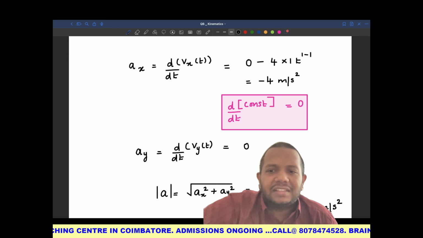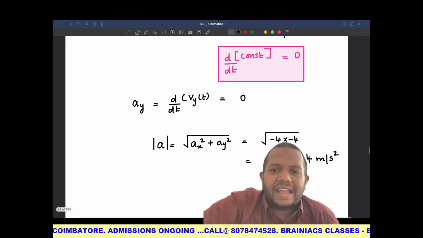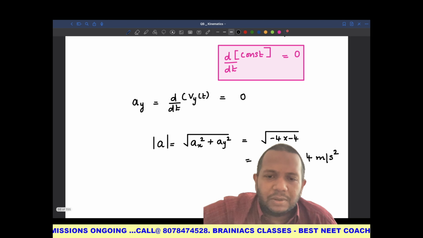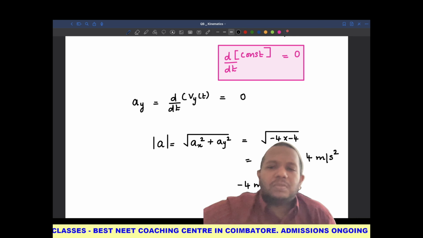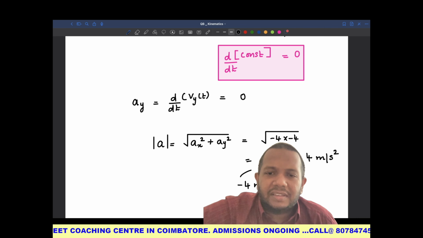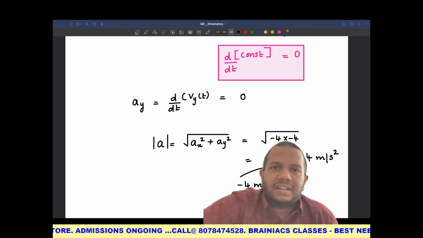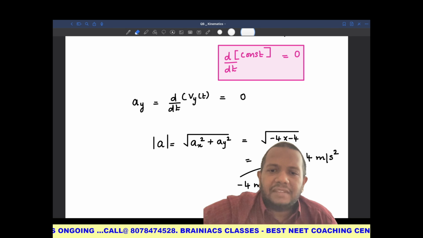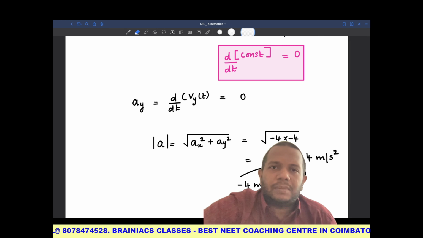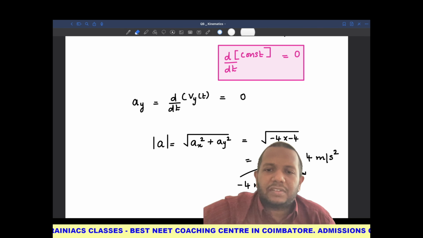So we need to consider this minus also, considering the direction. So in the options, minus 4 meter per second square should be the correct answer. Okay, this minus is coming since we are considering the direction also. So I am writing here direction is considered. Minus indicates the direction part of the acceleration.